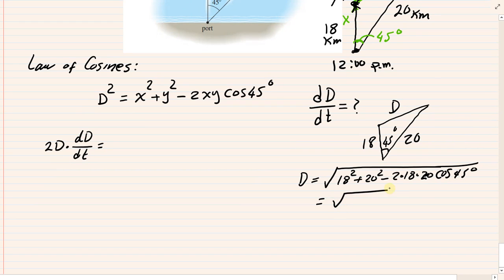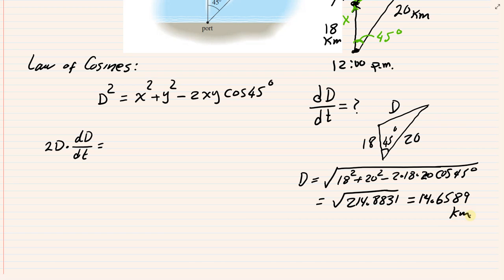The square root turns out to be 214.8831, and that square root is actually about 14.66. There you go, 14.659 kilometers. That's how far apart they are.